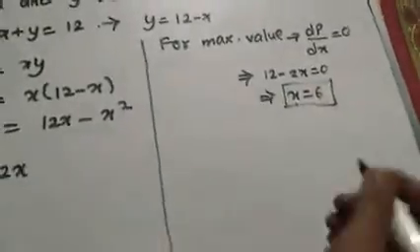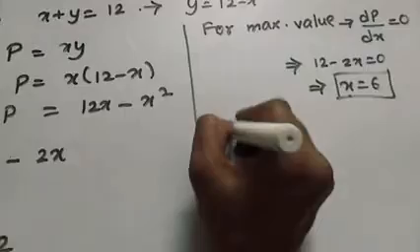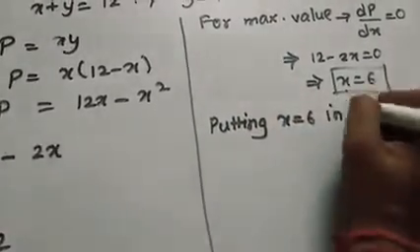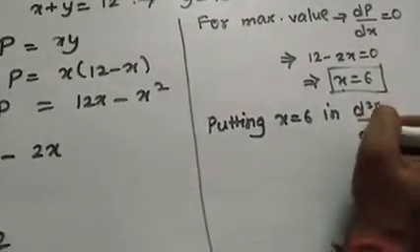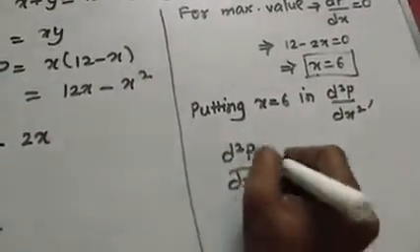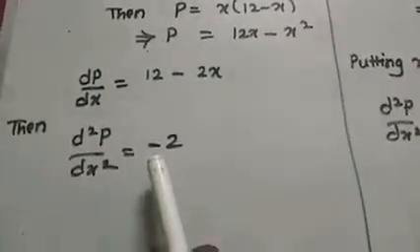Now we'll put x equals to 6 in the second order derivative, d2p by dx2. But what is our d2p by dx2? Minus 2.